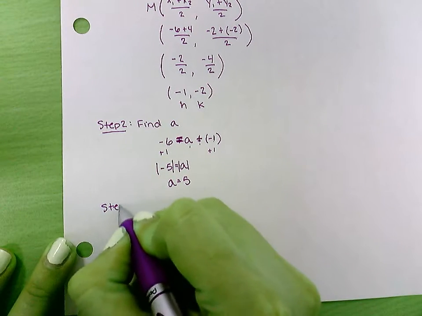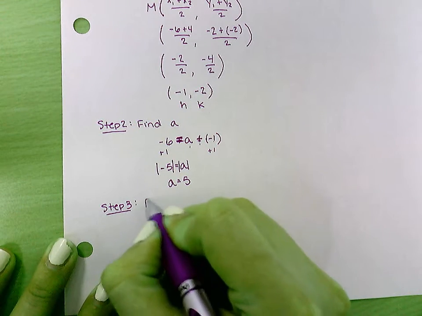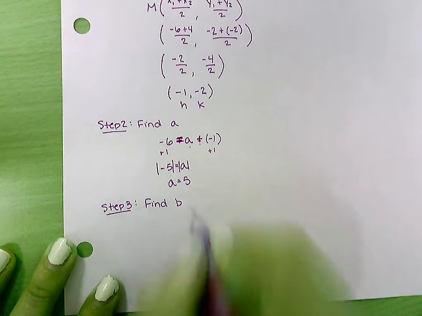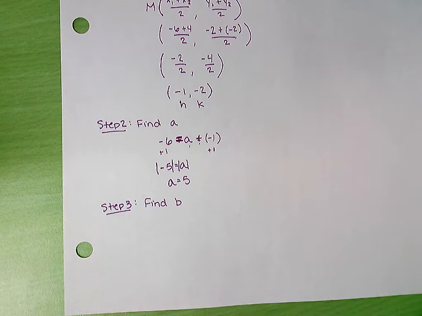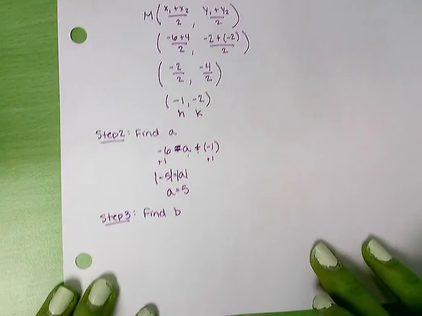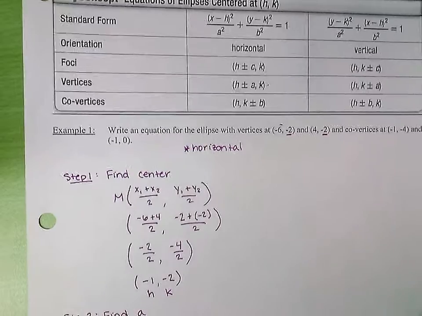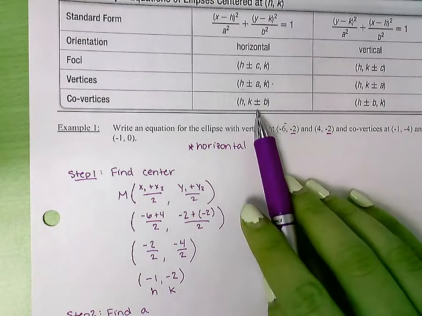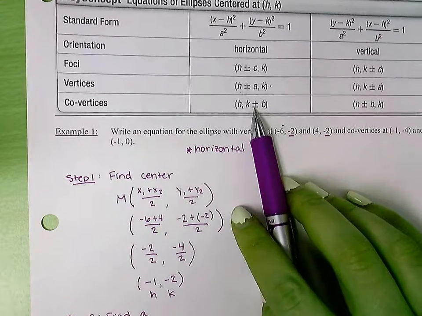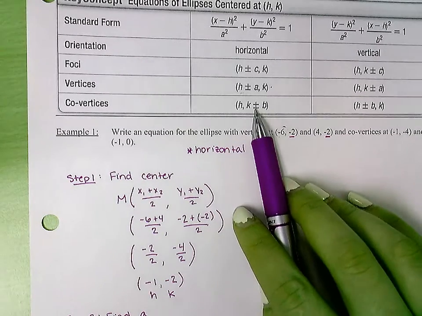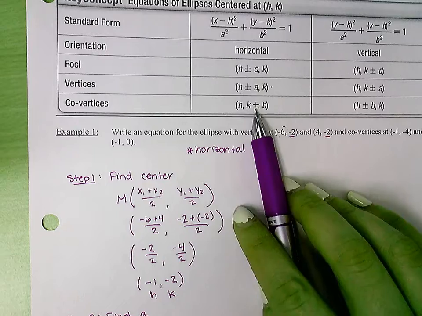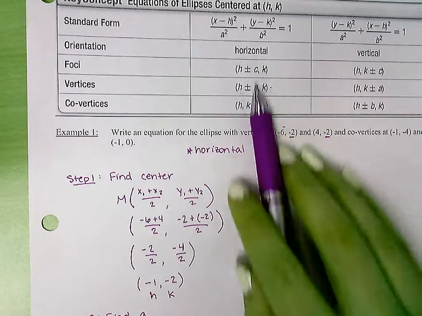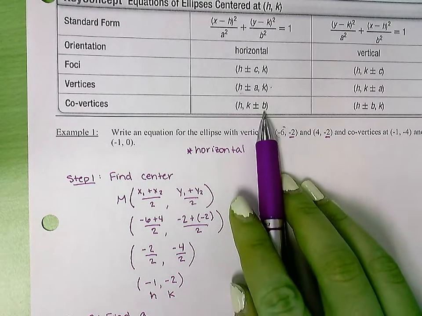Okay, next step. Then all you need to find is a and we need to find b. Next step we want to find b. So again, if I look at my chart, since I'm looking at a horizontal ellipse, my b value would be here.